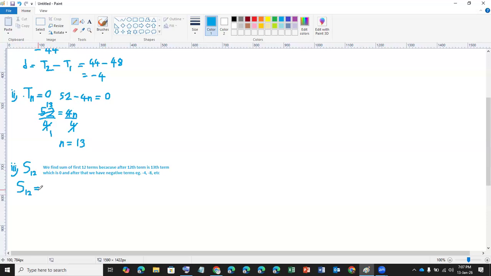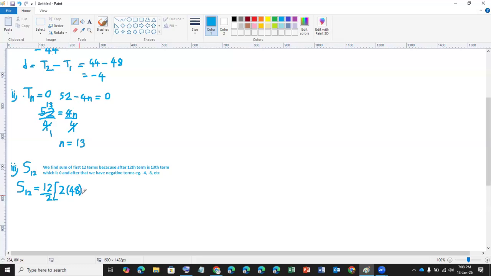Then bracket 2A, and bracket n minus 1. The formula says 2A, and A is 48. Yes.